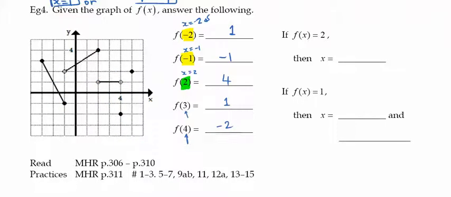So for the next one, this time, instead of having the x given, they have the output given to us. And that means right now we have the y value. When y equals 2, what are the x values?